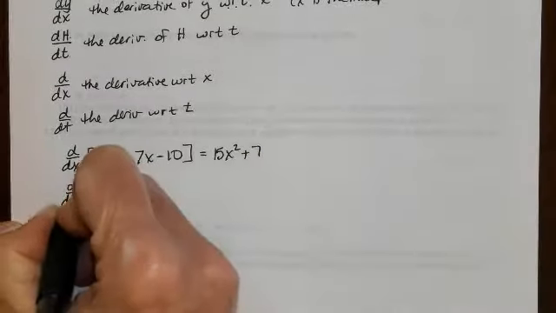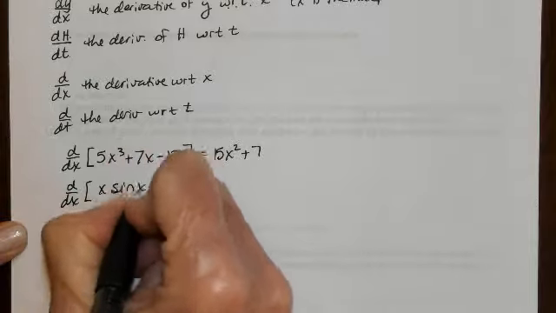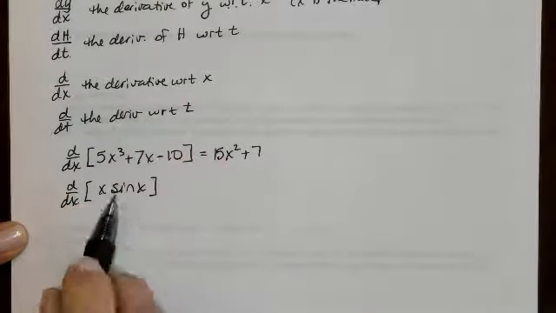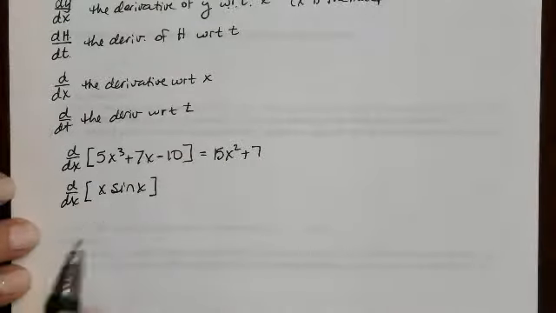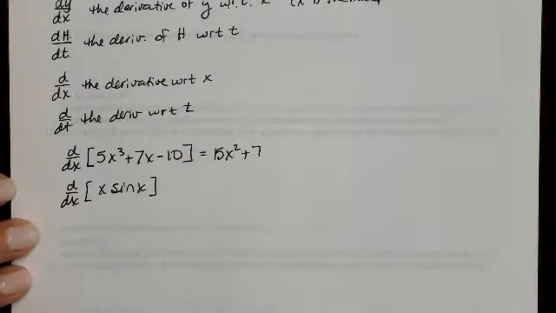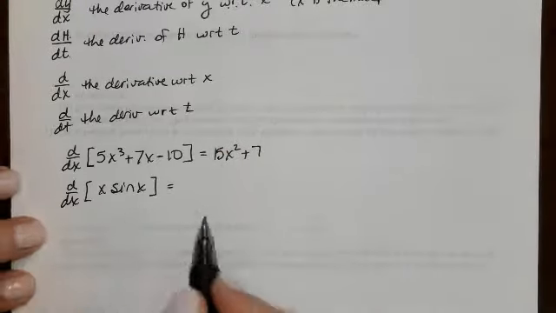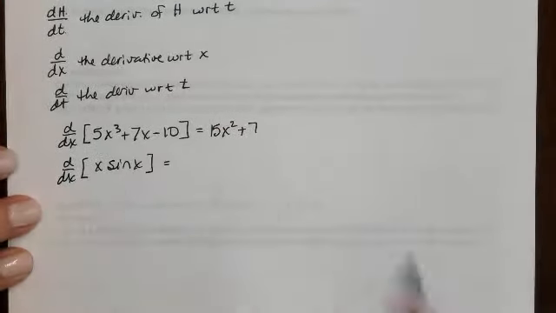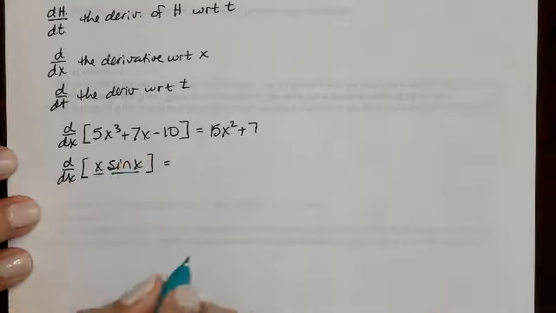The derivative with respect to x of x sine x. And I'm using these brackets. There's no reason to use brackets here. We could just use parentheses. Not sure why I chose brackets, but that's okay. For this derivative, we would need to use the product rule. So this is the product of two terms.